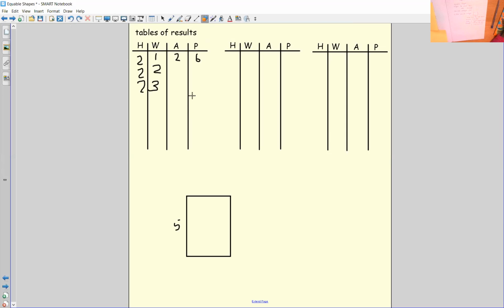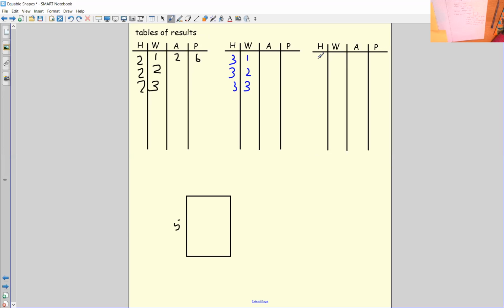So here, that's what you're going to do, right? In the next table, you will be thinking about, let's say, height to be 3, and starting with the width 1, then height 3 and 2, then height 3 and width 3. Work out the area and perimeter for that one.